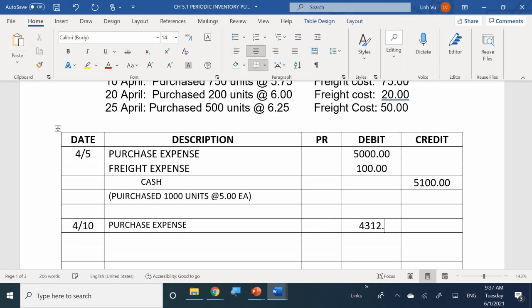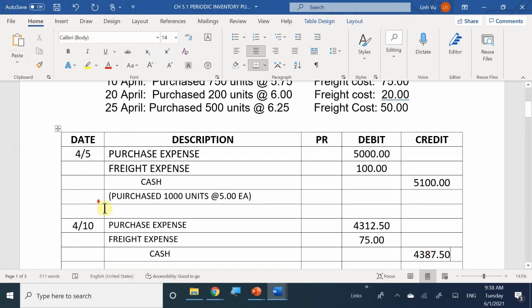Freight costs at $75. And then cash. Sorry, I'm using my calculator here. That's fine. Completely fine. $4,387.50. Yes. Perfect.